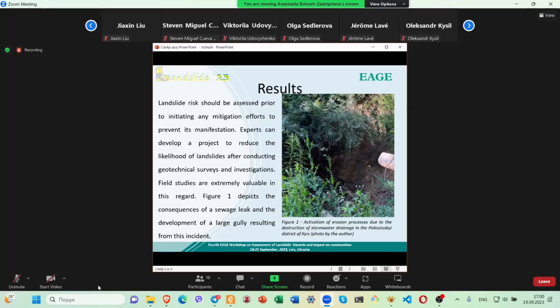This picture was made by, I think, my group mates on this summer geodesy practice. We had one day of geology practice, and we saw this situation in the Holosiivskyi district of Kyiv.